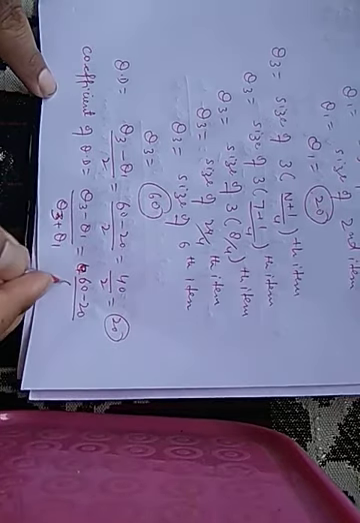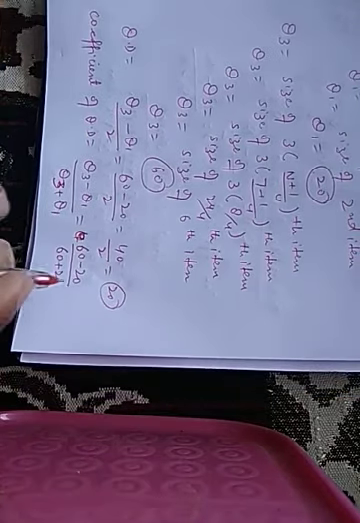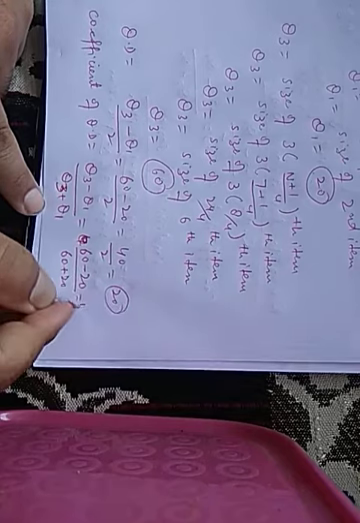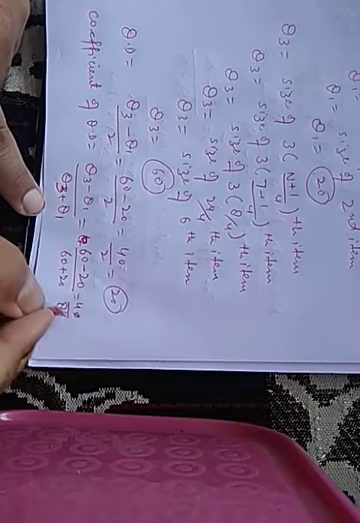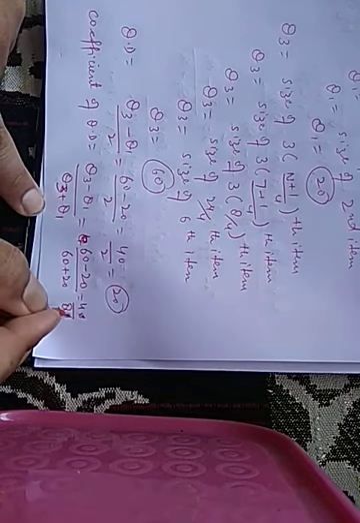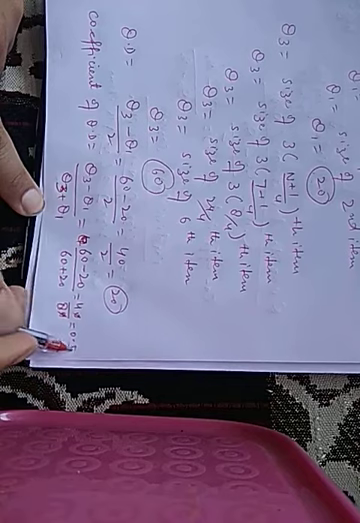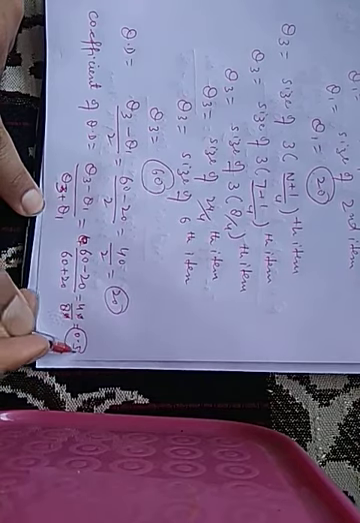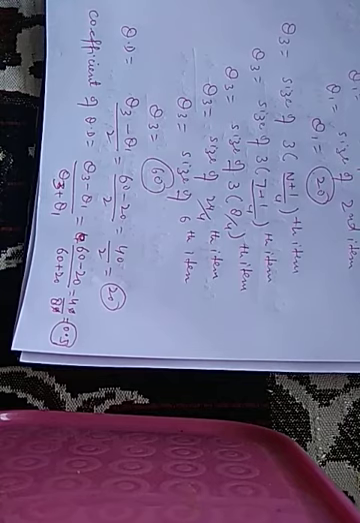So it is 40 divided by 80. It will be equal to 0.5. That is the value of the coefficient of quartile deviation.